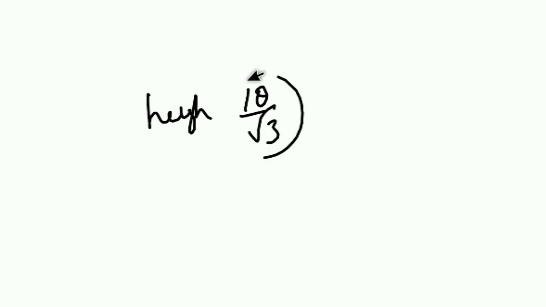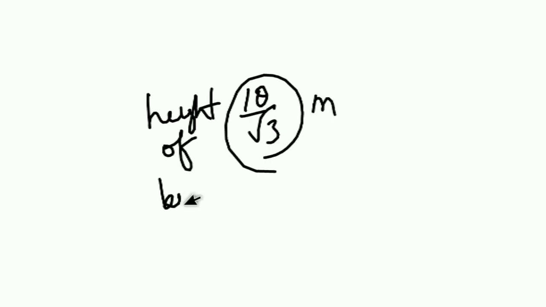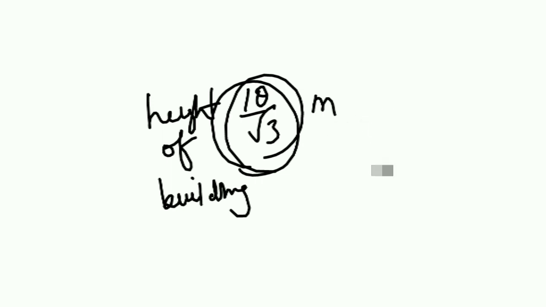You got the height of the building as 10 divided by root 3 meters. These values are not accurate values; these are basically for showing you the basic concept of how trigonometric formulas are applied for finding the height of the building.